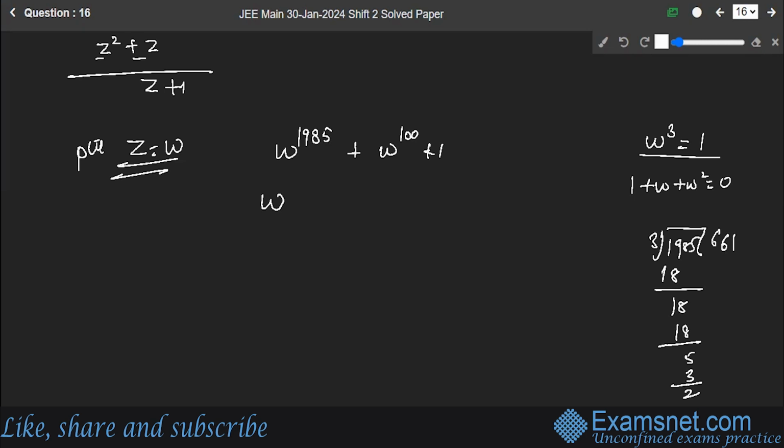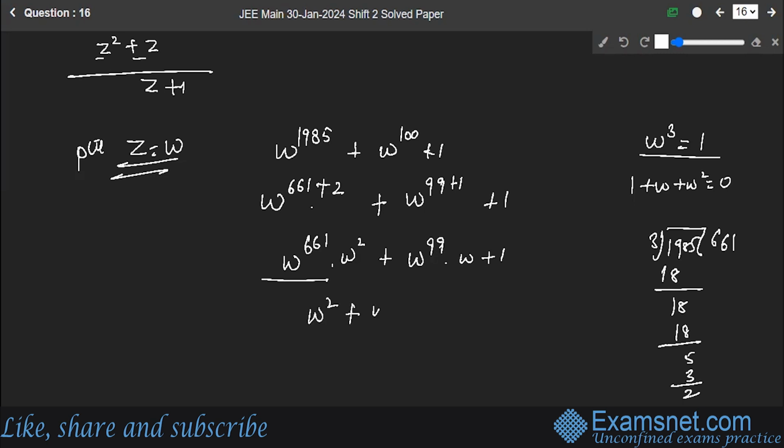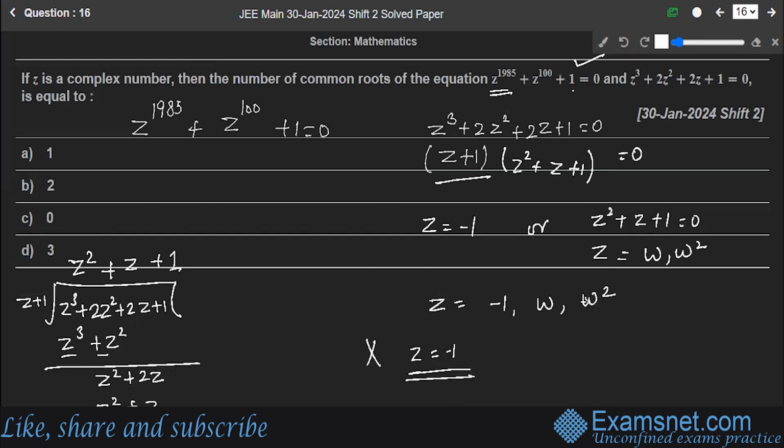So this will give me omega power 661 multiplied by omega power 2, plus omega power 99 into omega plus 1. This will be omega power 661 into omega square, omega power 99 into omega plus 1. This is equal to 1 because this is a multiple of 3. And this will be omega square plus this, which is equal to 0. So that means omega is a root for this equation.